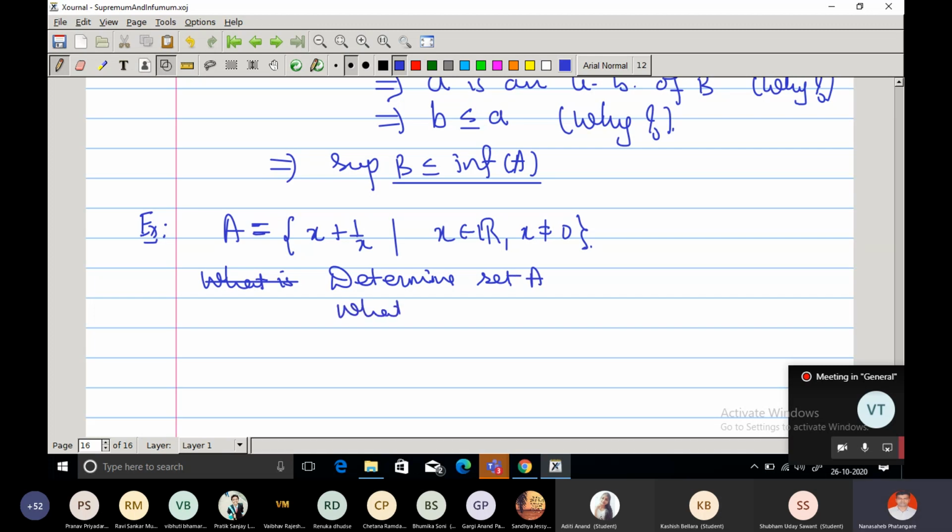What is the supremum of A? What is the infimum of set A? So you think about this.